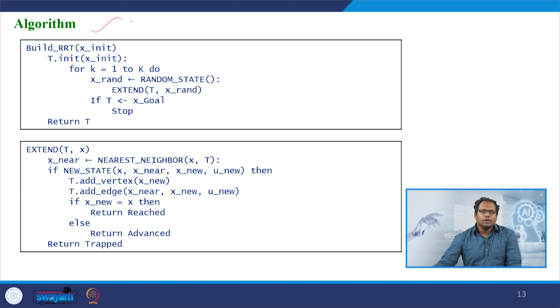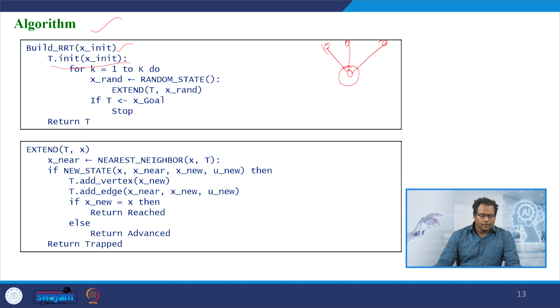We need to build the RRT tree, or rapidly exploring random tree, with the initial node point. The tree initially has that initial node point, as we have seen in the schematic. This is the initial tree with the starting node and the tree nodes.